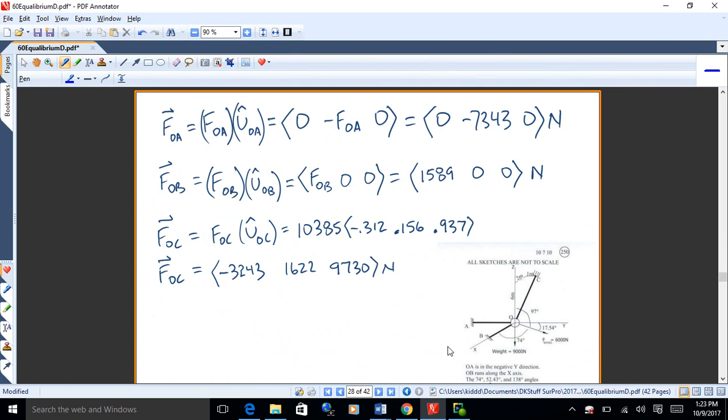The first two are pretty trivial. FOA is just 0, negative 7343, 0, and FOB is 1589, 0, 0. For FOC, you just have to take the known magnitude, which is 10,385, multiply it through the unit vector, and that will get you the three actual components of force, as shown there, okay?